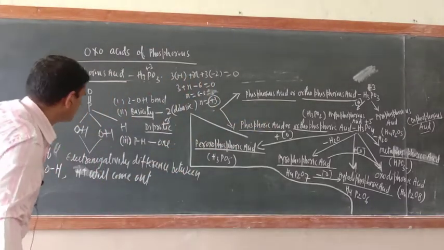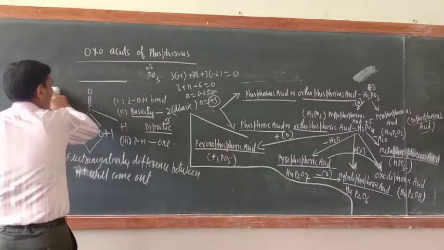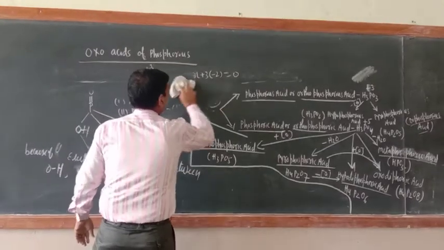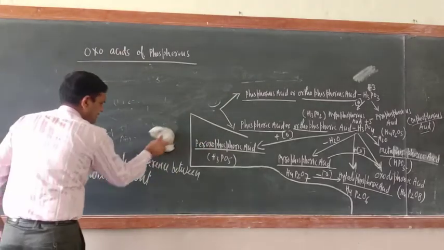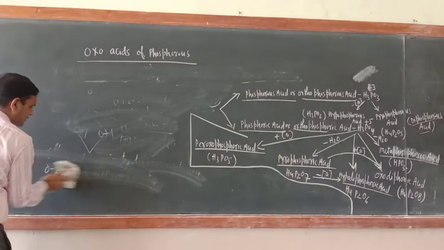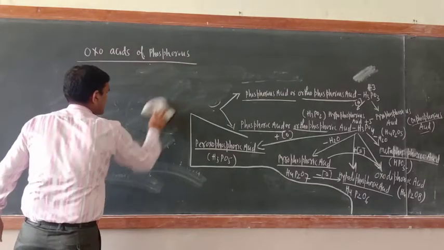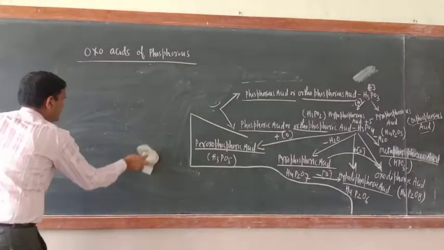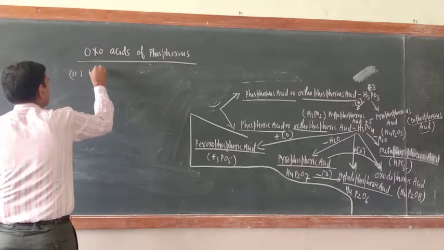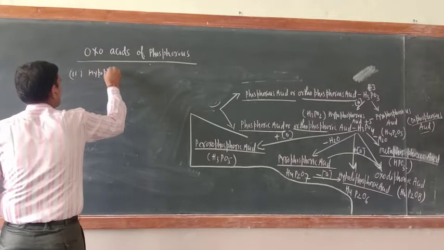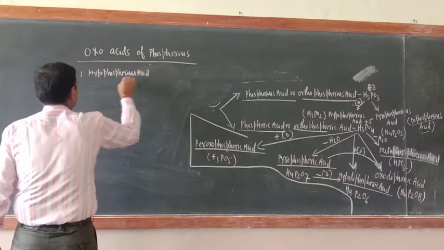hypophosphorus acid. I am rubbing this one now. First you write the name of the second oxo acid: hypophosphorus acid.